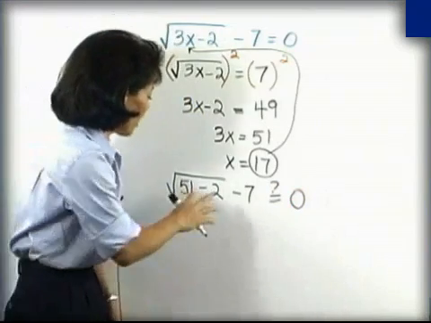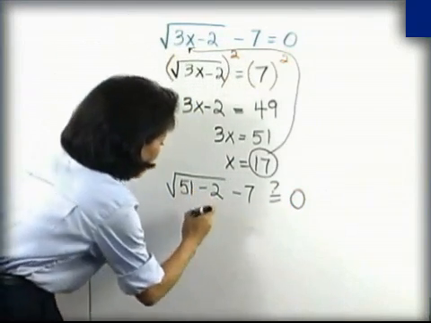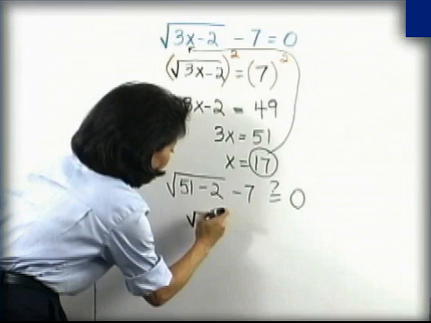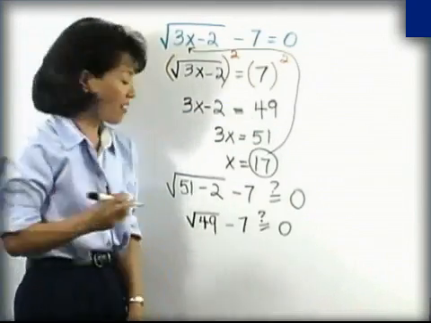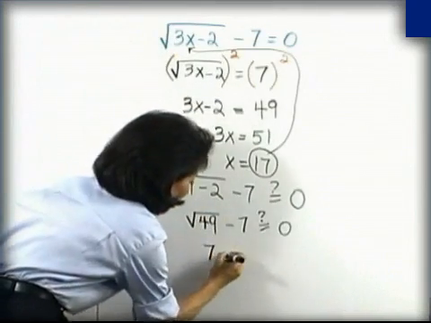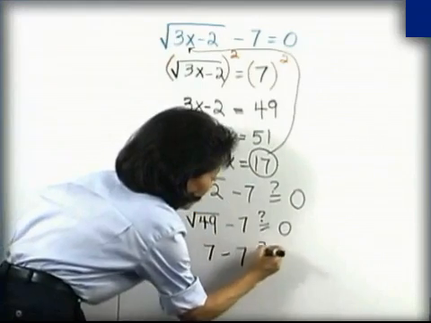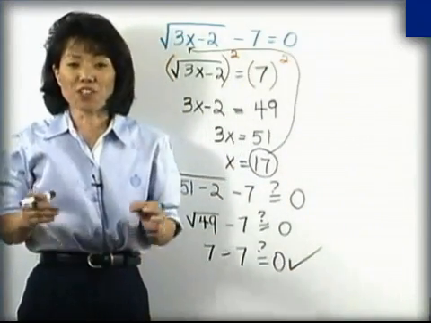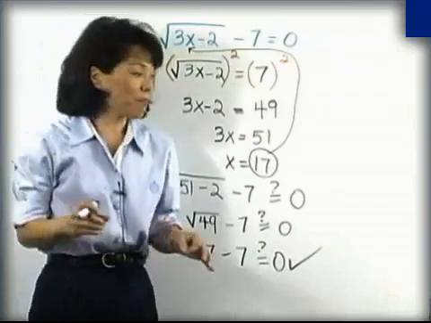Then our solution is not correct. 51 minus 2, the square root of 49, minus 7, is that equal to 0? The square root of 49 is 7. So we get here 7 minus 7. Is that equal to 0? Well, it certainly is. So our solution checks out.